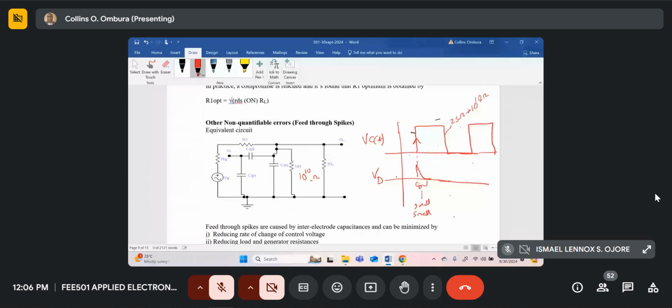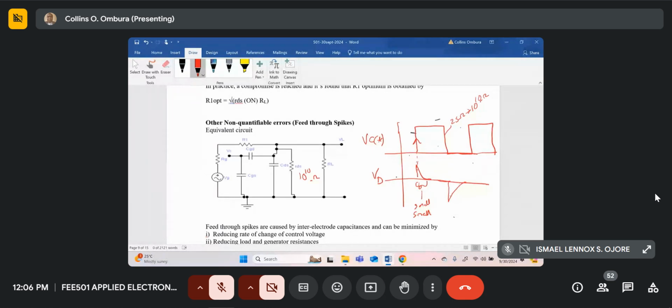So it will give us a large time constant like that. So the time constant will be CDG into this resistance changing from 25 ohms to 10 to the power 10 ohms. So that's why the areas, the curves, are different, because one has got a larger time constant.